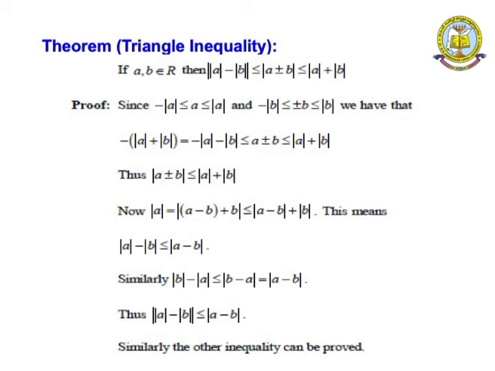It means mod a minus mod b is always less than or equal to mod of a minus b. Similarly, we can prove that mod b minus mod a is always less than or equal to mod of b minus a, which is mod of a minus b. So from these two we can write mod a minus mod b is always less than or equal to mod of a minus b. This is the triangular inequality theorem and its proof.